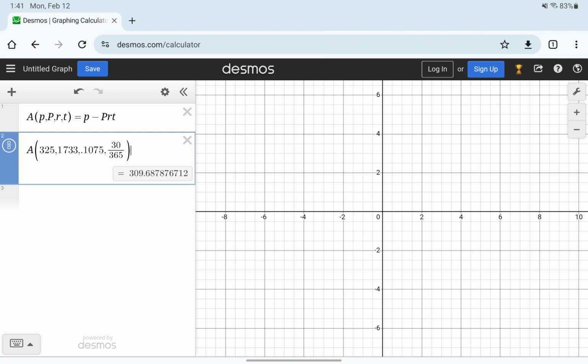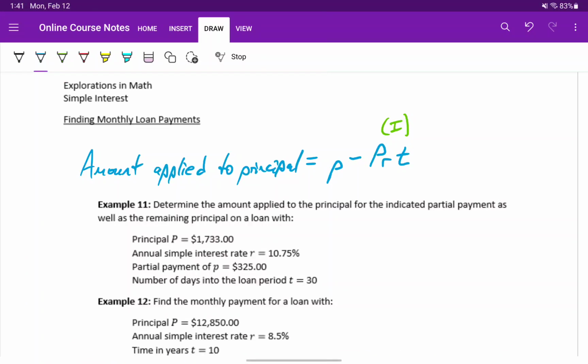So what that tells us is that we're making a $325 payment because of the interest accrued, $309.69 are being applied to the principal.